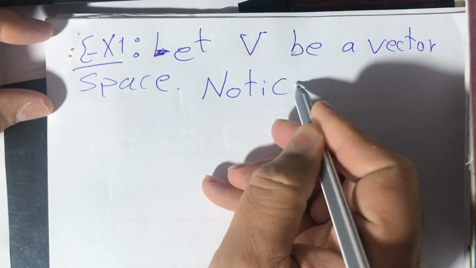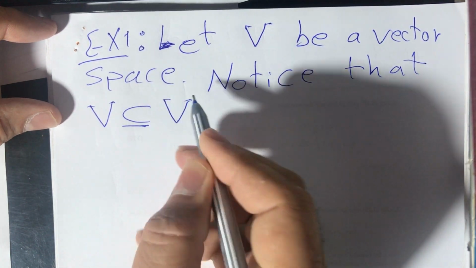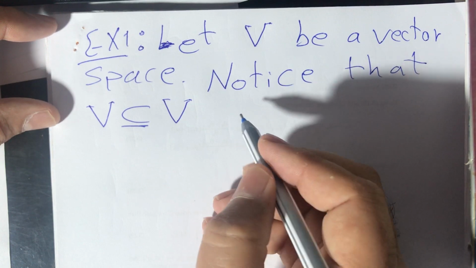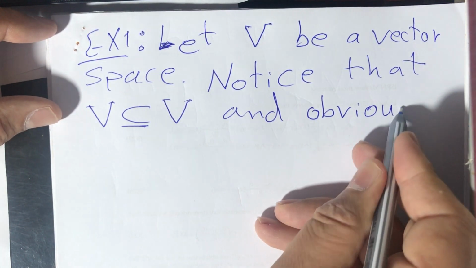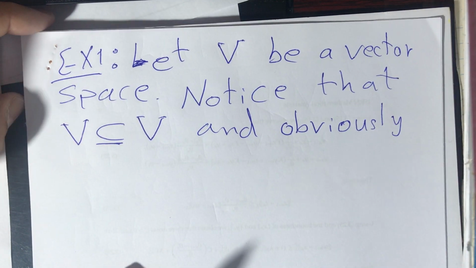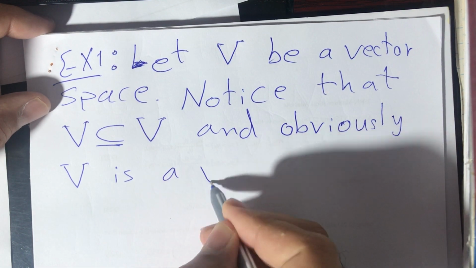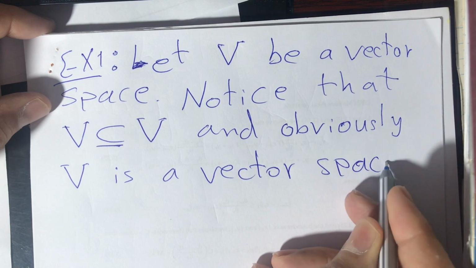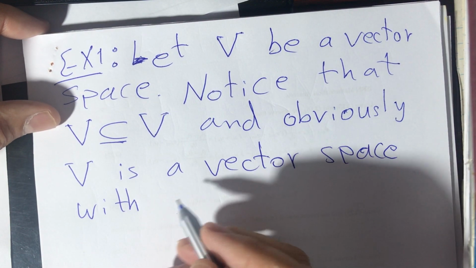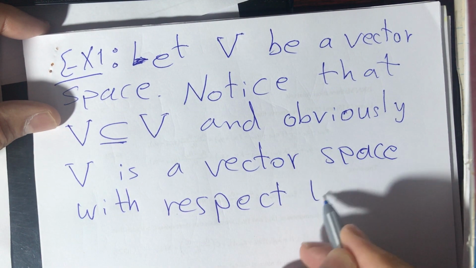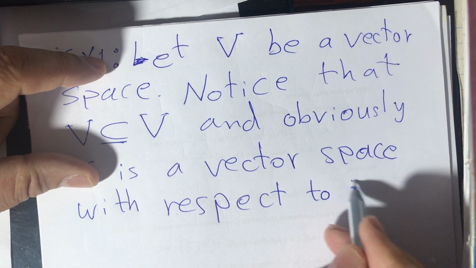Notice that V is a subset of V. Of course, V is always a subset of V, and obviously V is a vector space with respect to its operations.